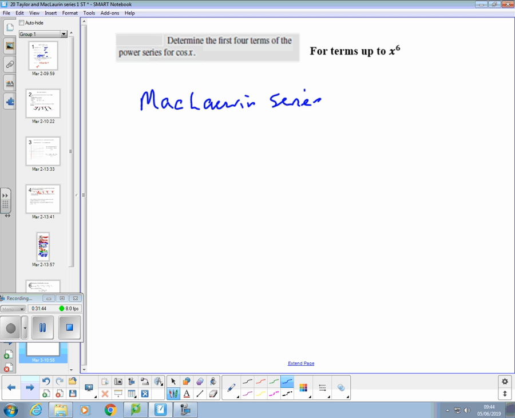Right, we've got f of x is equal to cos x. That's what our function is. We're going to be building a little bit of a table here. Now, our point of interest is x equal to 0.